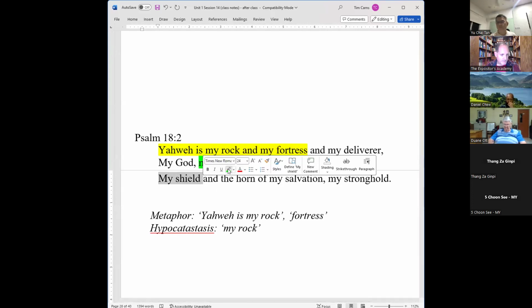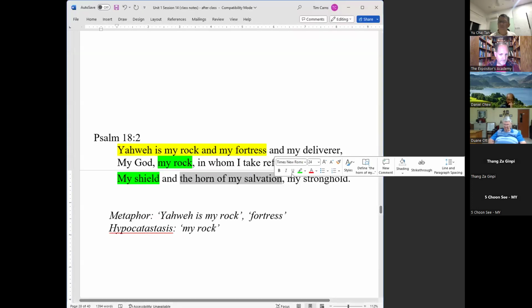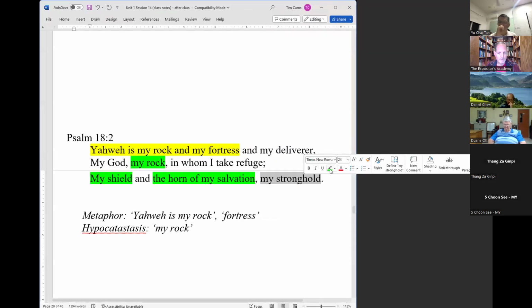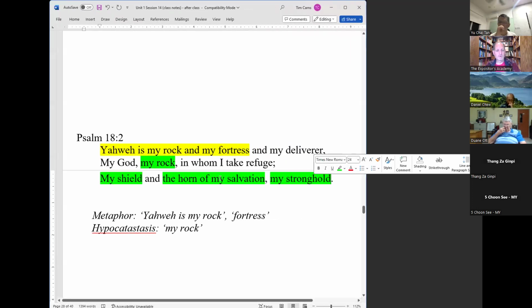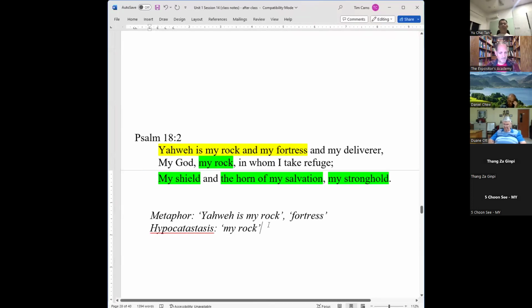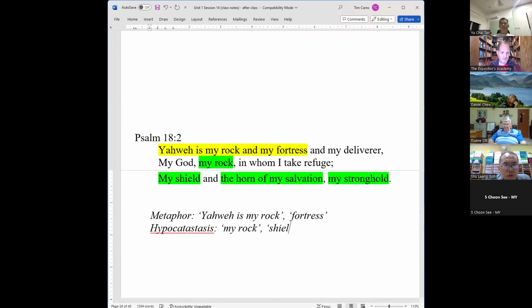My shield, the horn of my salvation, my stronghold. Those are all physical objects, the horn, stronghold, shield. So it's not literal, but the comparison is strong. He's just calling God a shield, a horn, a stronghold. Okay.